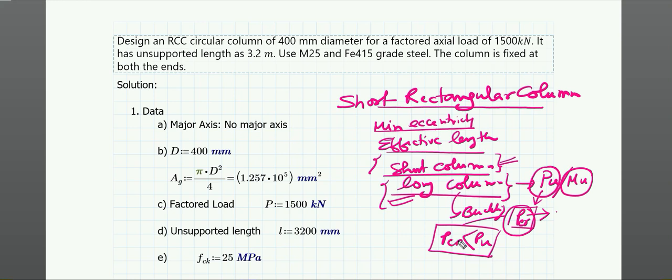Because of its slenderness, it will fail at a lower value than that. If Pu is the axial load carrying capacity of a column, and it's a long column, then it will fail at slightly lesser value than that. So that is why in long column we have to take care of slenderness ratio as well as the buckling effect.